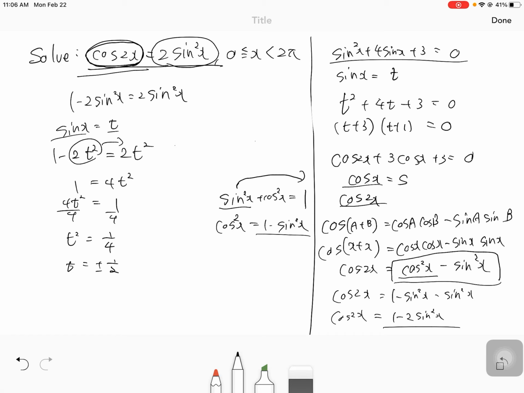Again, the t is actually sine x. So let's bring back sine x here. It is equivalent to plus minus 1 over 2. Then let's find the value of x. This is actually a special angle because sine x is plus minus 1 over 2, which is like that, 2, 1, square root of 3. So the angle here is pi over 6.